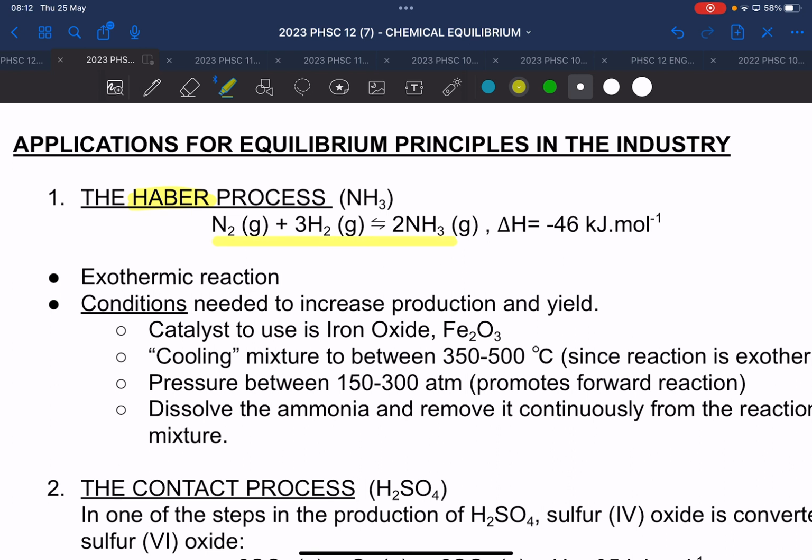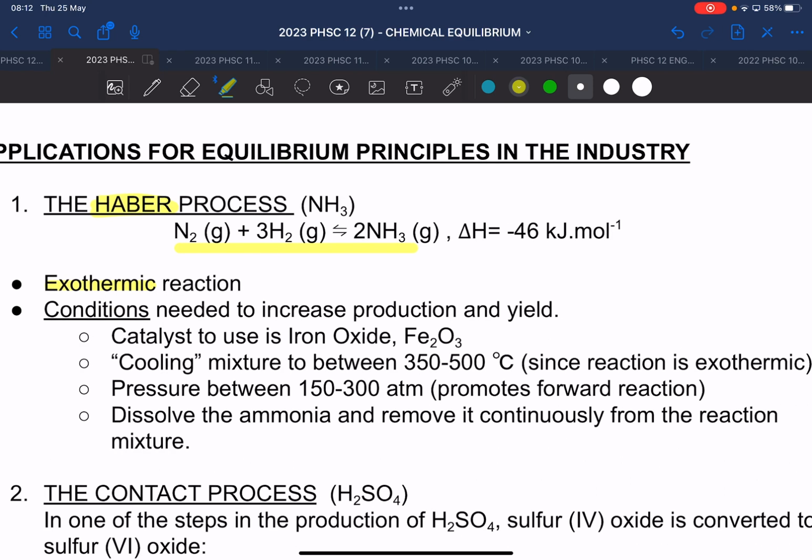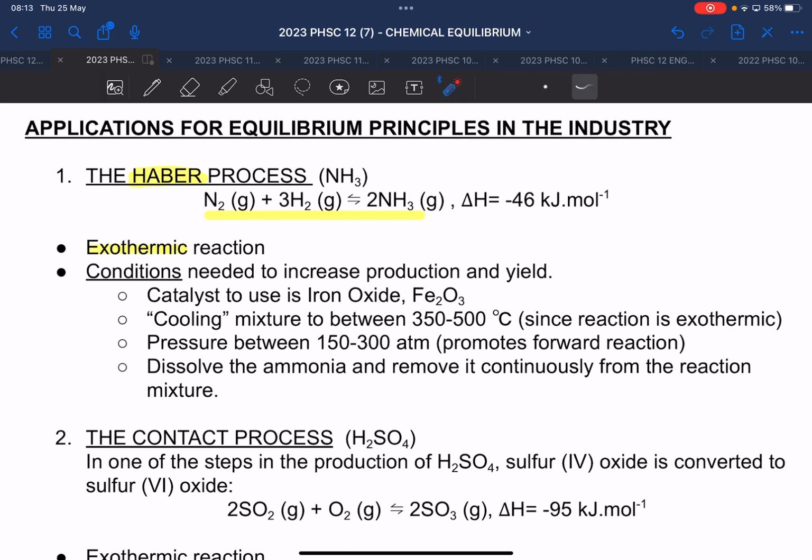You don't need to know the reaction off by heart. They'll almost probably give it to you. Just be aware of it. And you can see it's an exothermic reaction. A few years ago, learners had to know what catalyst was used, what temperatures, what pressures. You don't need to know that.